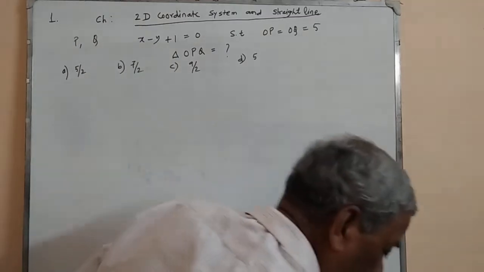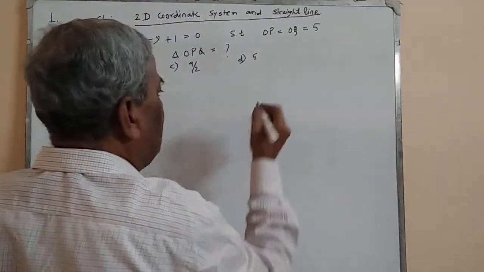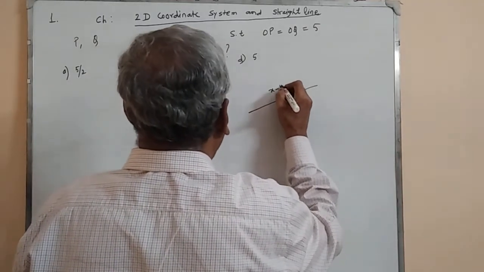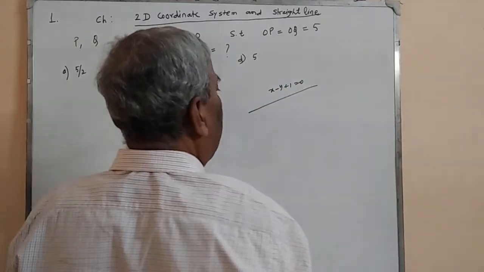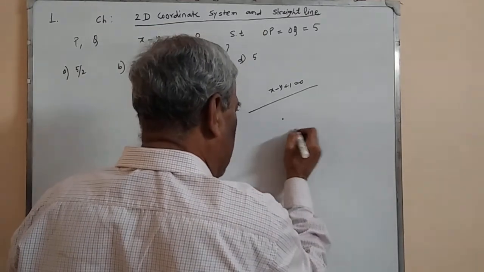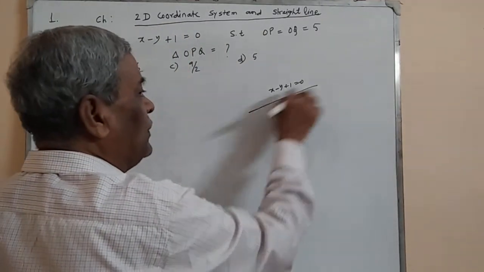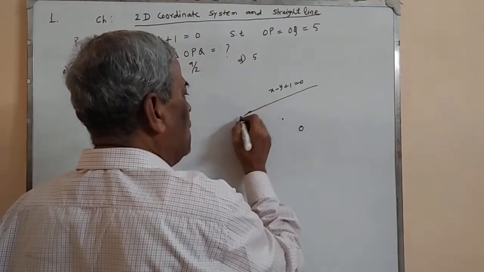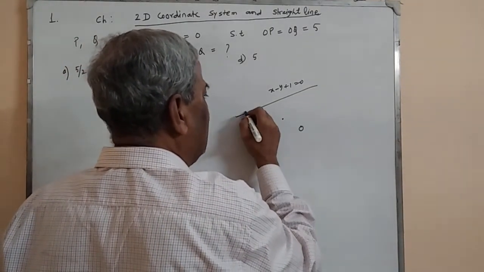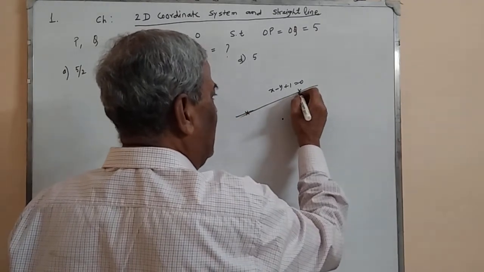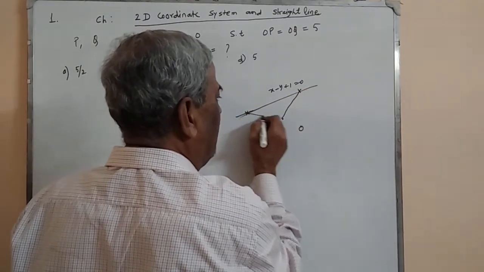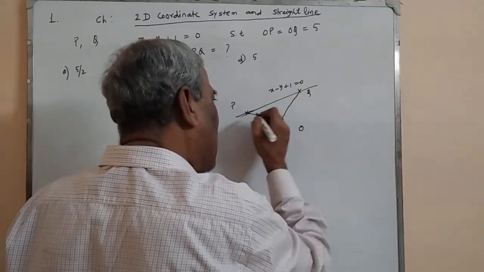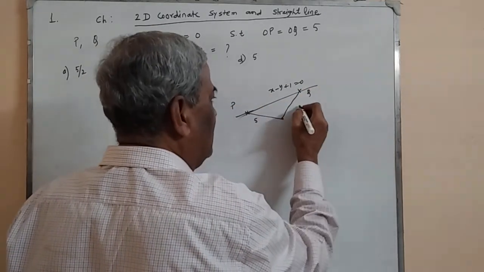This is given, and one straight line is given. It is x minus y plus 1 equals 0. O is the origin, and it is not lying on that line. So given that P and Q are 2 points on that line, say this point and that point, this is P, this is Q, such that both distances are 5.